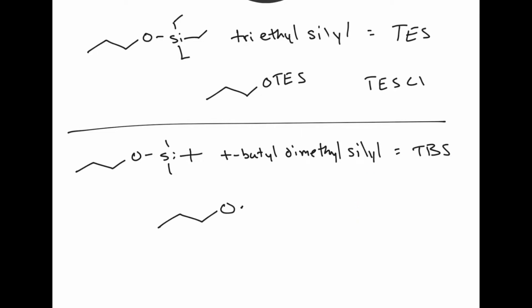It's abbreviated TBS, same thing, comes from TBS chloride. In the protecting group world, this is kind of the Goldilocks spot. It's pretty easy to put on, but stays on through almost everything you throw at it.